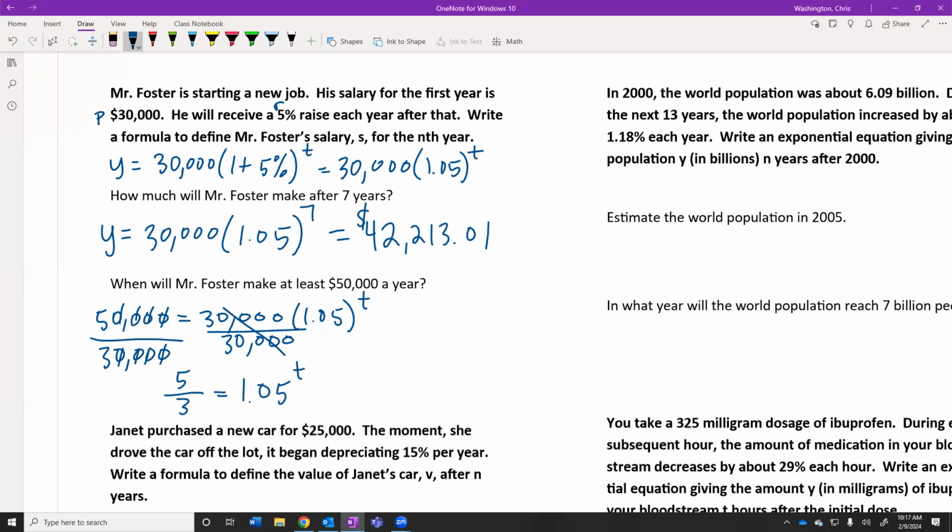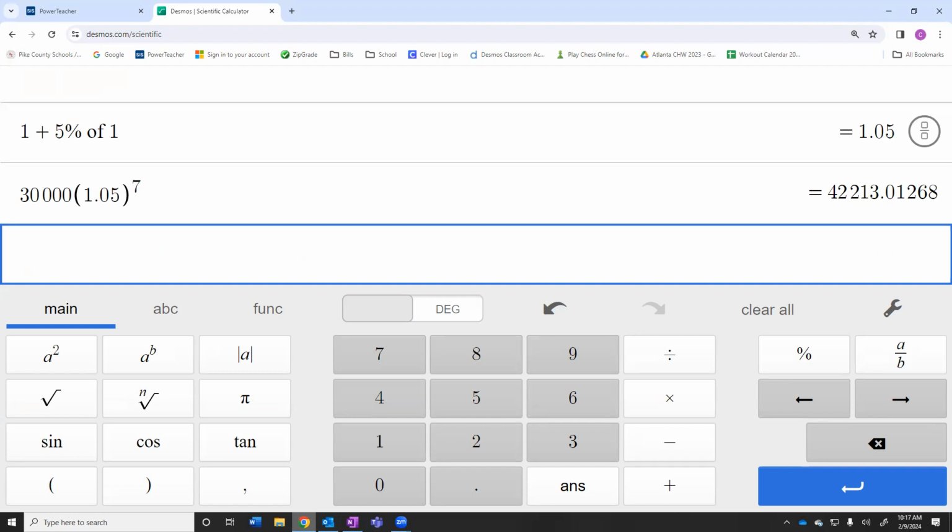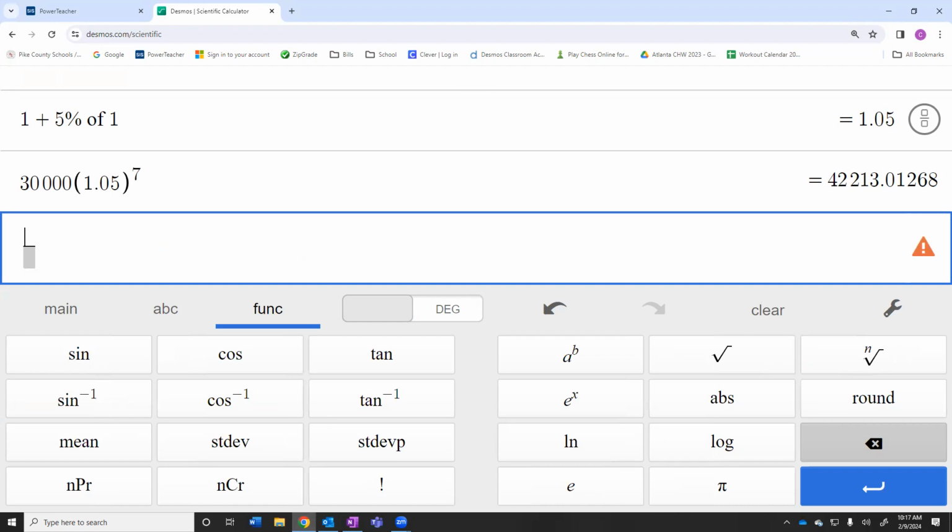We can rewrite this as a logarithm at this point. The base is going to be 1.05. The 5 over 3 and the T are going to switch places. So the 5 over 3 is up inside the parentheses, and that is equal to T. We can type this in the calculator. We can hit the fraction button first, and then we're going to go to the function feature.